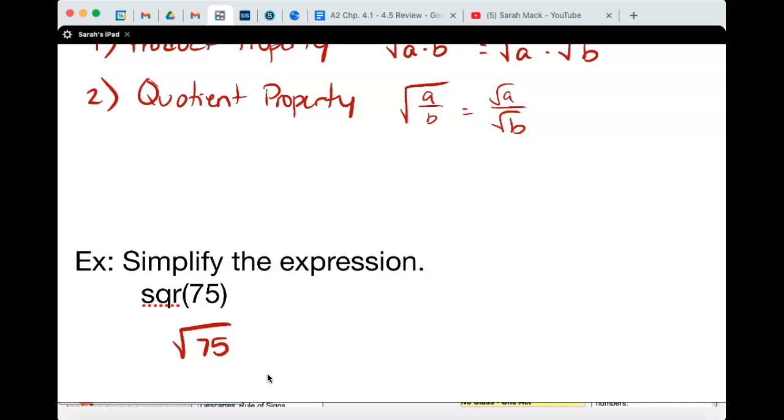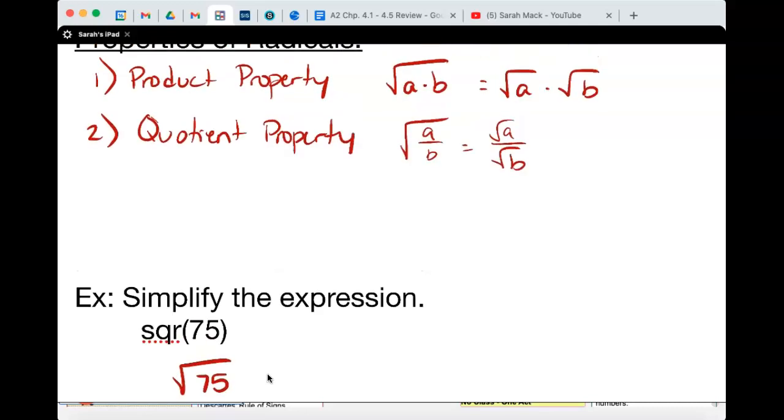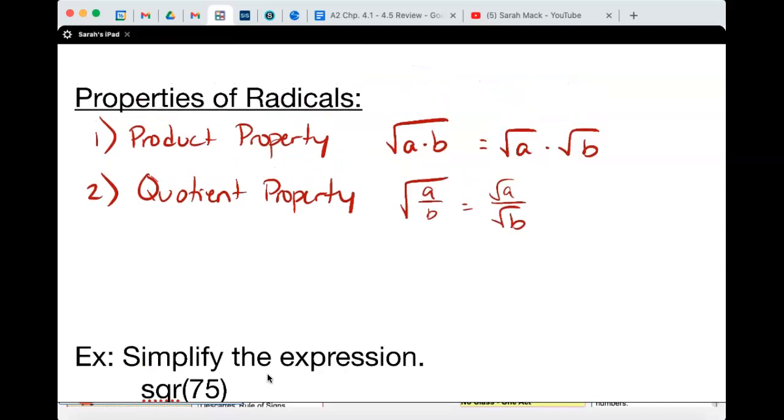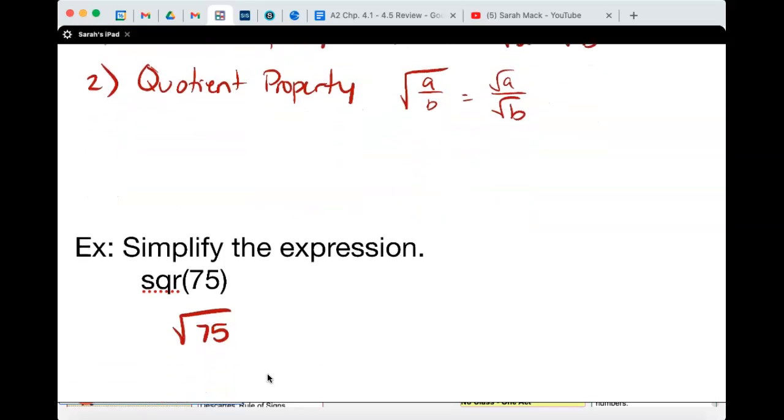What were those called up above, the product property and quotient property? Yeah, that's the goal. But you have to figure out what perfect square.